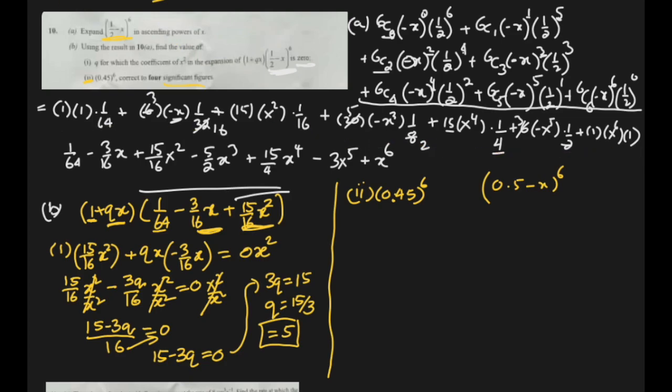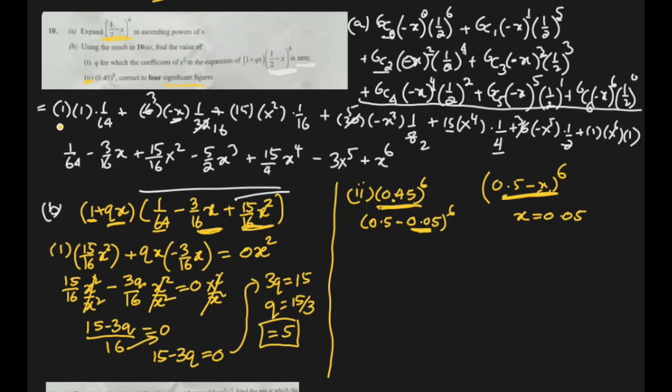So if I want 0.45 from this, can I write this as 0.5 minus 0.05 to the power 6, right? That means this x is 0.05. X is 0.05 in this equation if I compare with the original expansion.